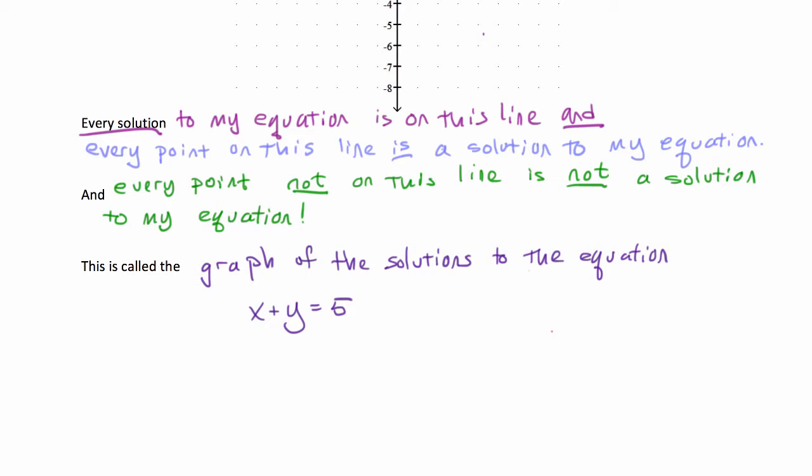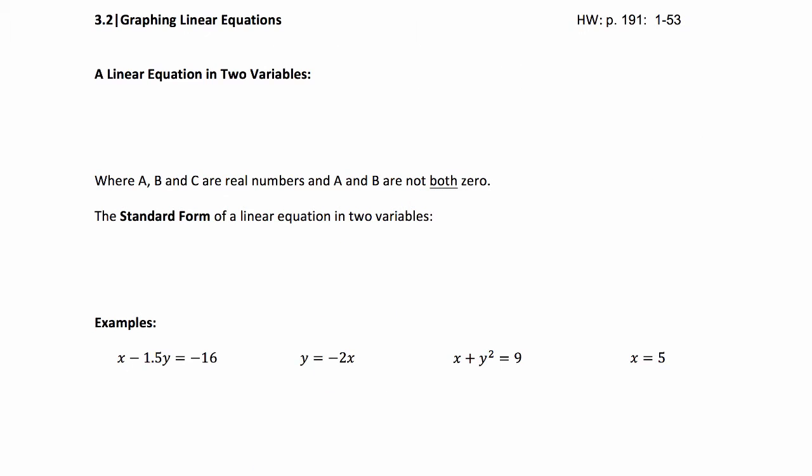Let's go on to page 2. So I've talked a little bit about this and why I get excited about this linear equation in two variables. Here is sort of a more formal definition.